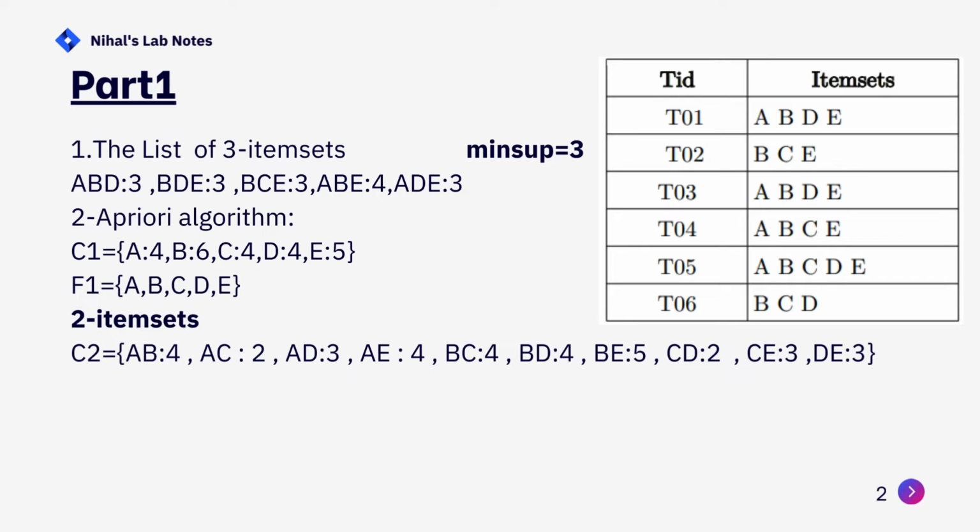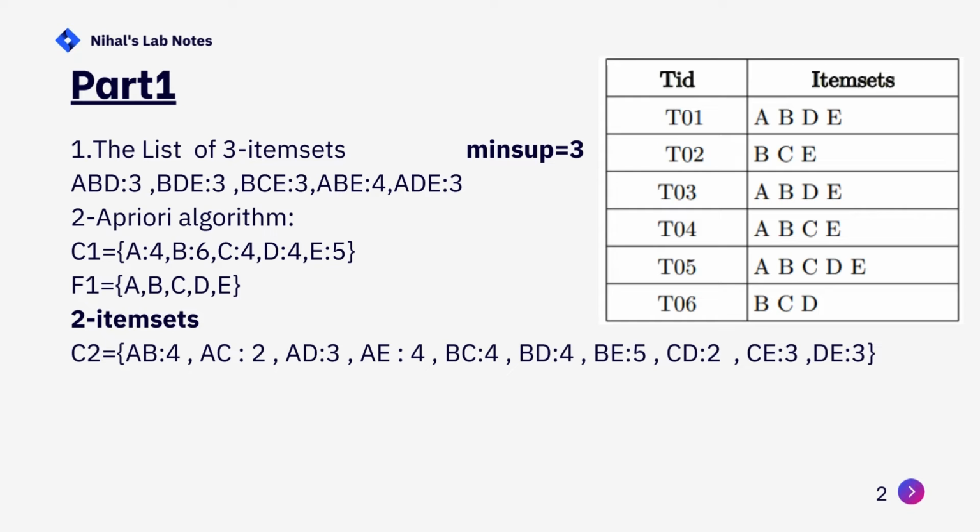Now let's move to two item sets. Let's see C2. We are going to take the item A and do a join with other items. So AB, then AC, then AD, then AE. Now we take the item B and do a join with others. So BC, BD, BE.